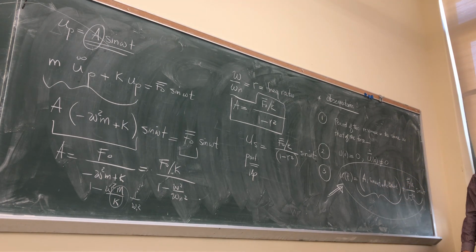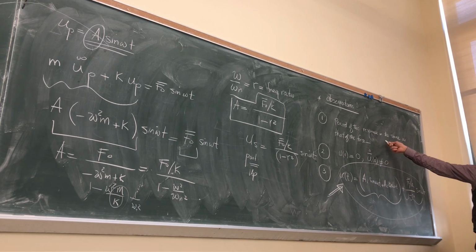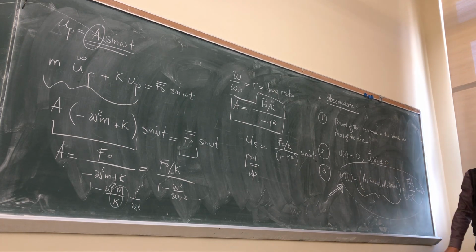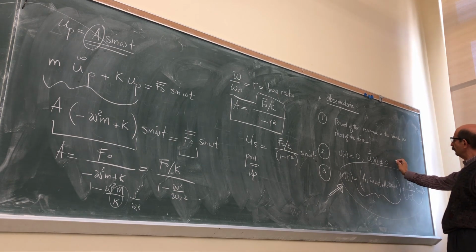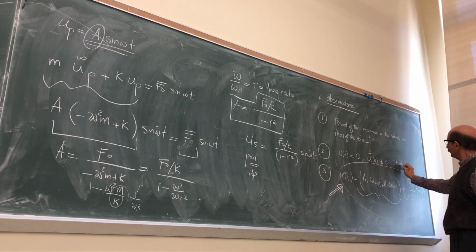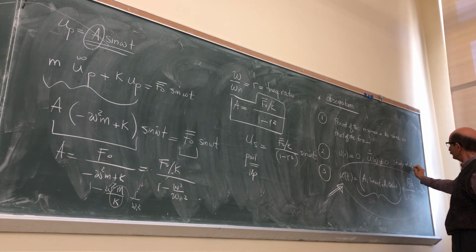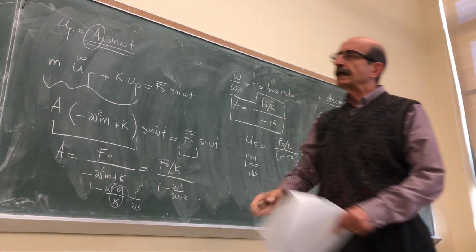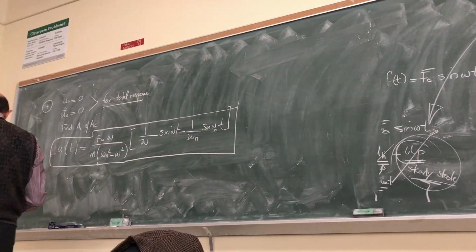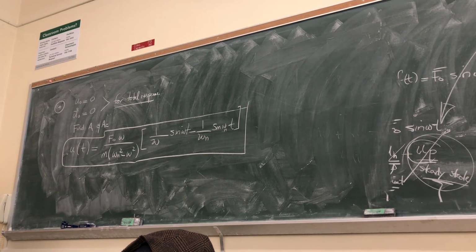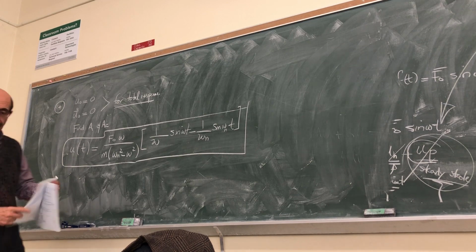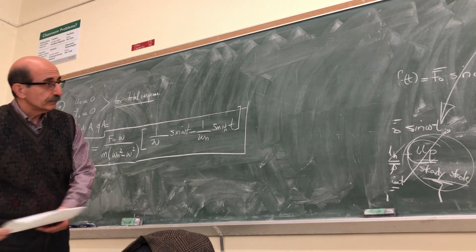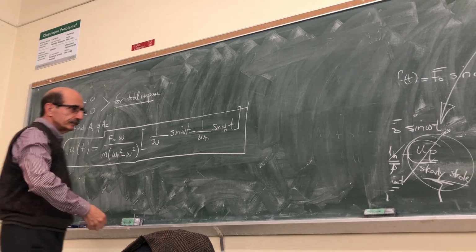So when is observation two true? Oh, this is for the steady state response only. Right, that's right. Sorry, so this is for steady state. I should have written it down. So if you do that, that's basically what you will end up with. So that's observation number 4.